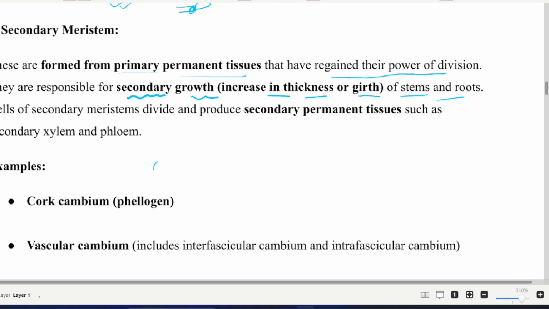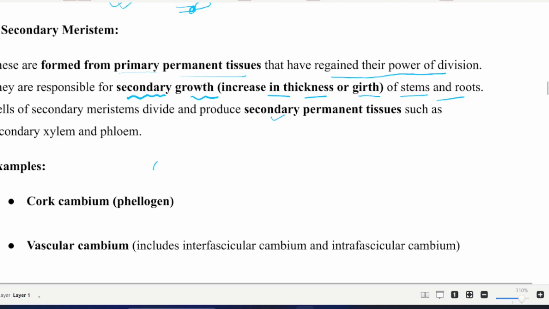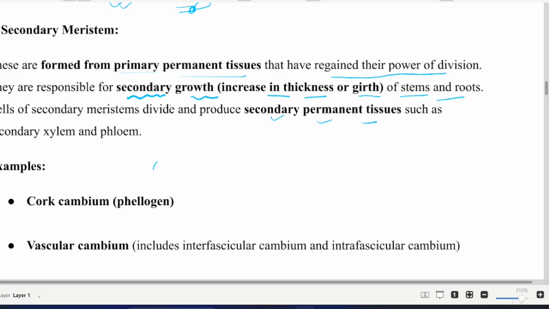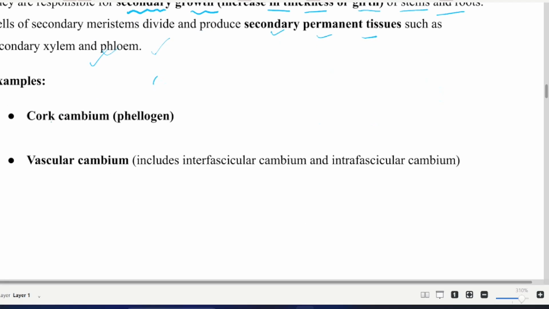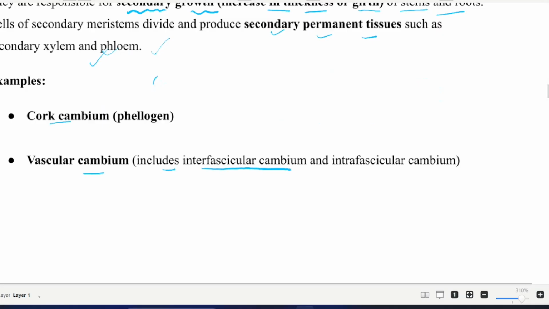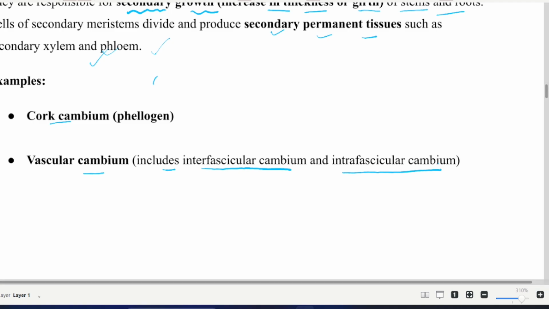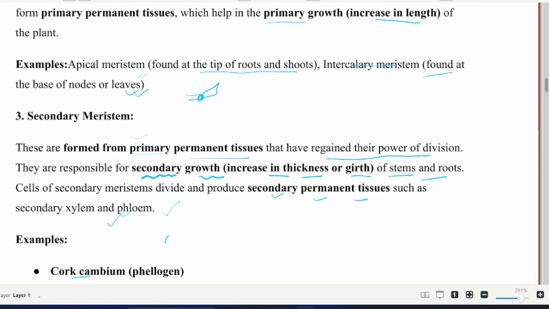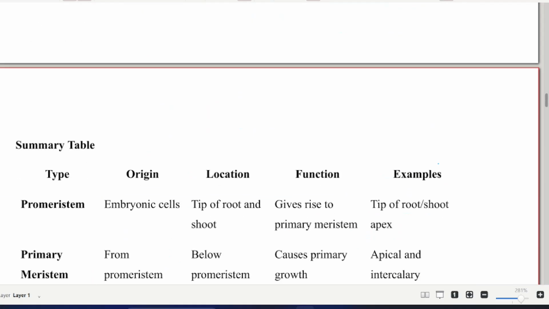The cells of the secondary meristems divide and produce secondary permanent tissues such as xylem and phloem. Secondary meristem produces secondary xylem and phloem. Examples: procambium, which is also known as phylloxera, and the vascular cambium that includes the interfascicular cambium and intrafascicular cambium. So these are the examples of secondary meristem.